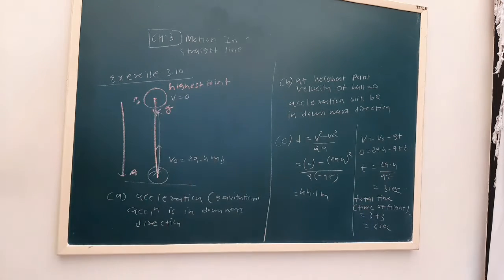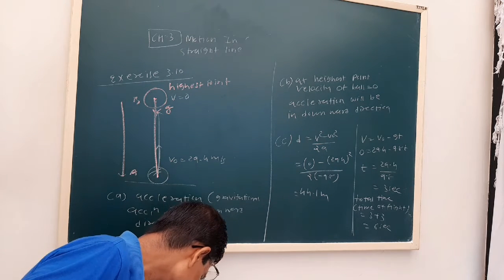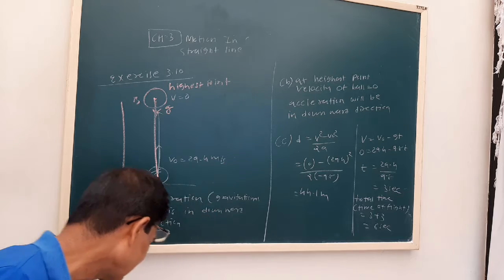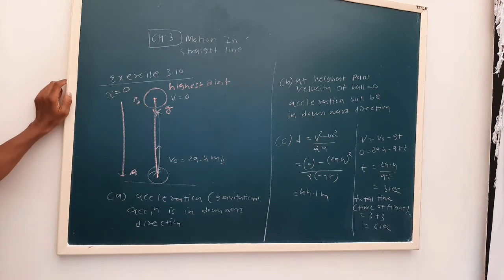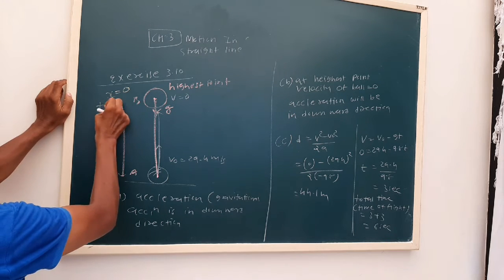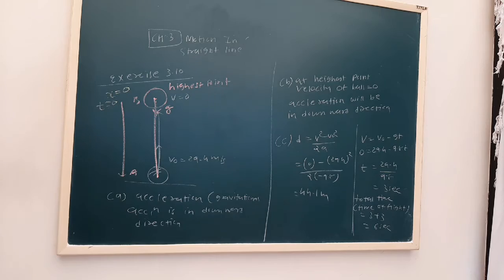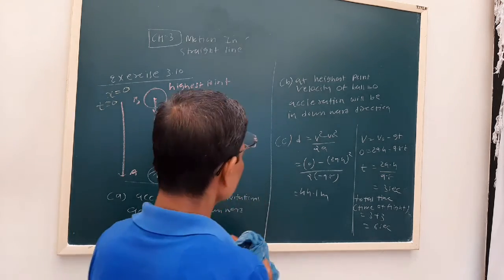Now one more thing they want to ask. At the highest point, they want to take x is equal to 0 and t is equal to 0. That is the fourth part.